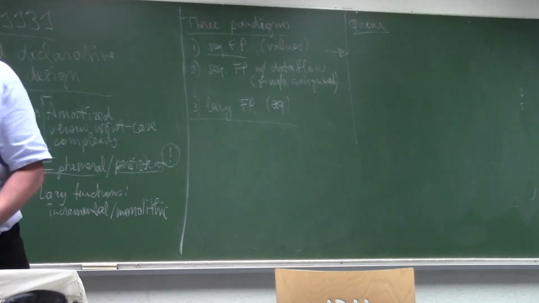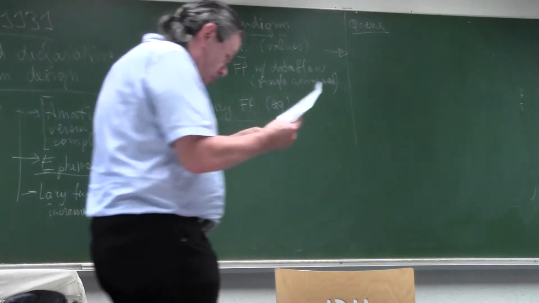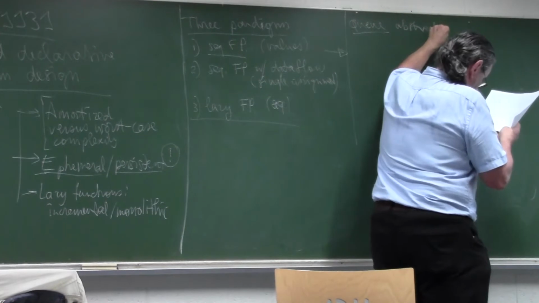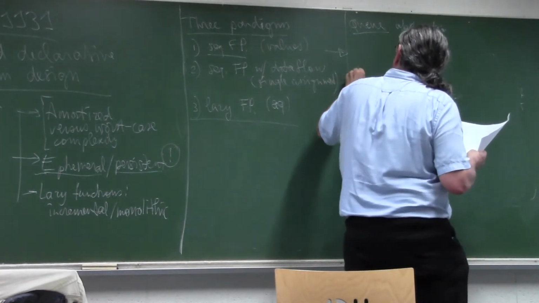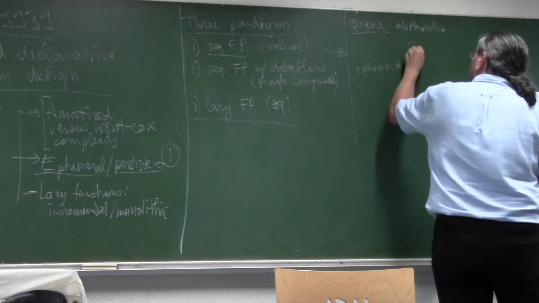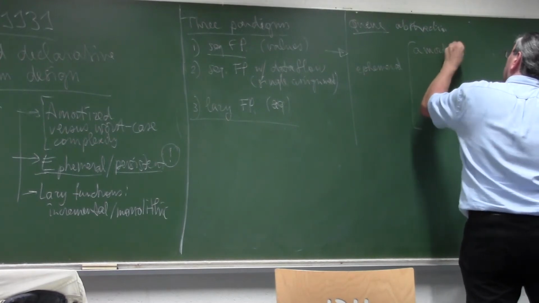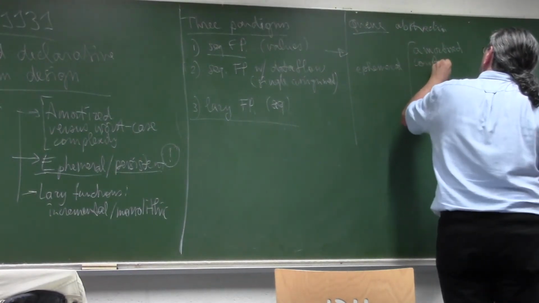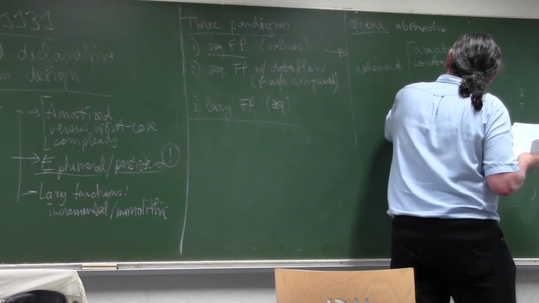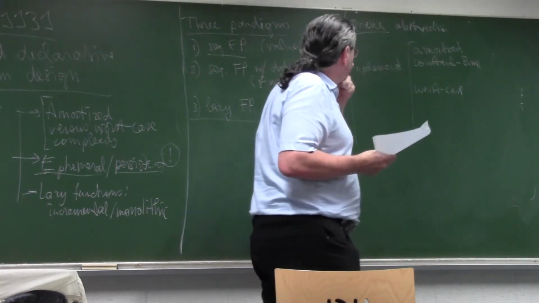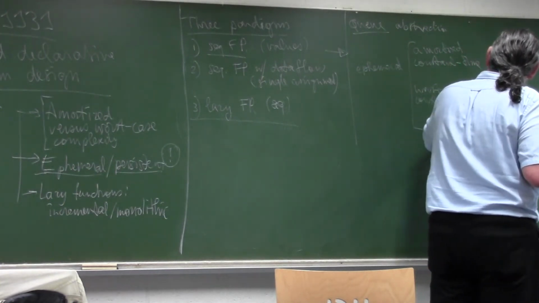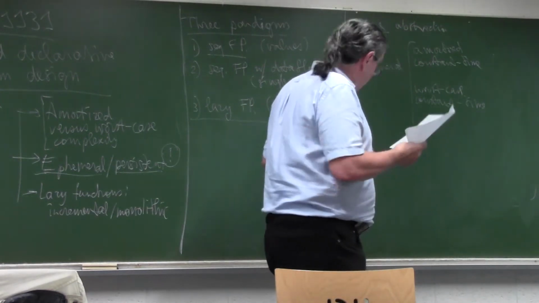So what I'm going to do is the following. I'm going to show you a queue data structure, a queue abstraction, and give you some algorithms. Let me summarize what I'm going to show you today and next week. First I'm going to show you ephemeral algorithms: amortized constant time and worst case constant time.